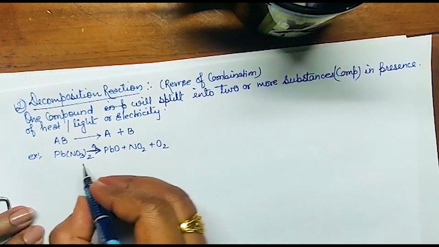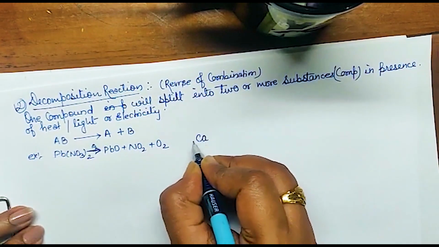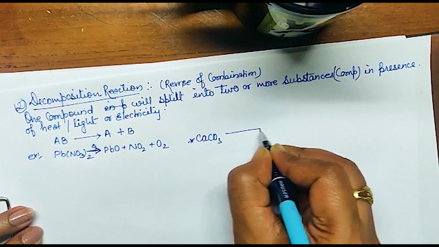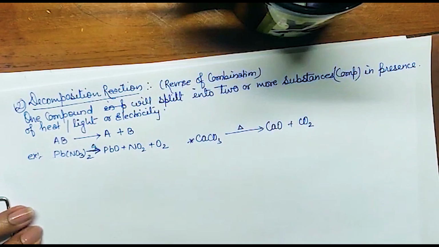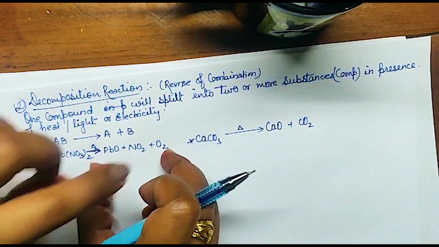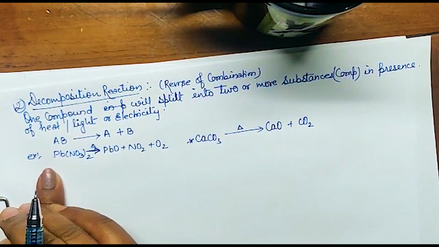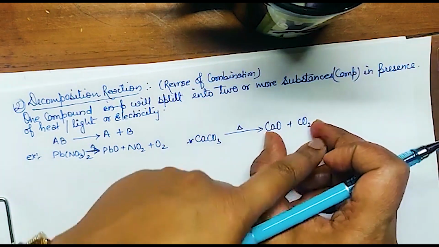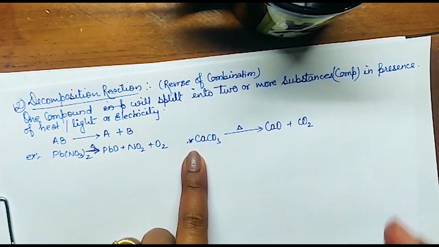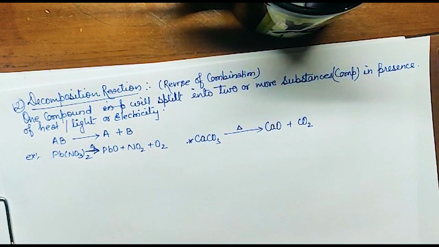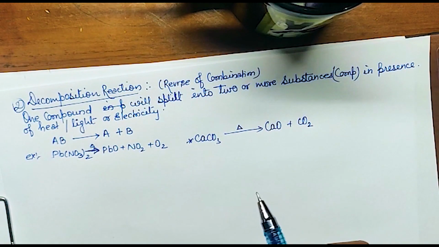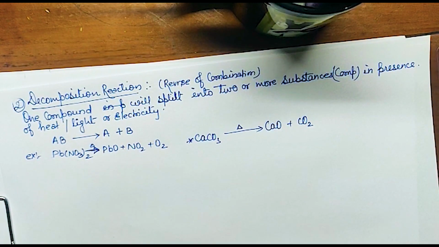Similarly, CaCO3, another example: when it is heated, it gives CaO plus CO2. Their forming from these three, that will be considered as combination. Forming from these two, that will be combination. But forming two substances from one, that will be considered as decomposition. Similarly like this. So whenever a single compound is undergoing decomposition, it dissociates into two or more compounds.